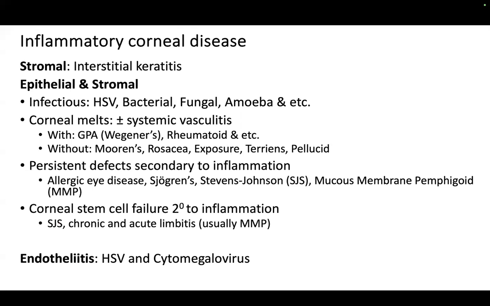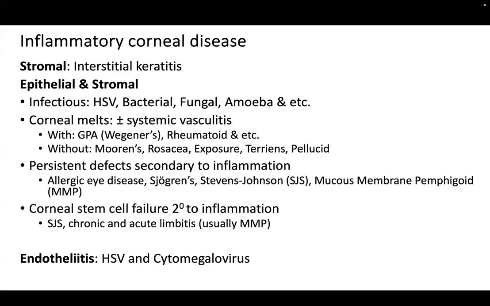When the stroma becomes inflamed, and it's only the stroma, that's called, as a general rule, interstitial keratitis. And then we can get epithelial and stromal inflammation. And that might have multiple causes. If you go through your surgical sieve, then you can attribute various causes to whatever's confronting you.